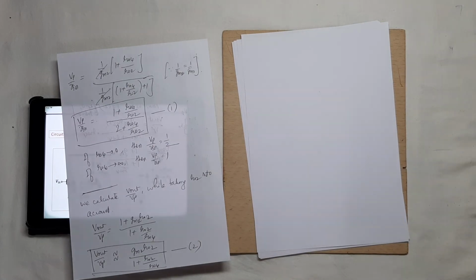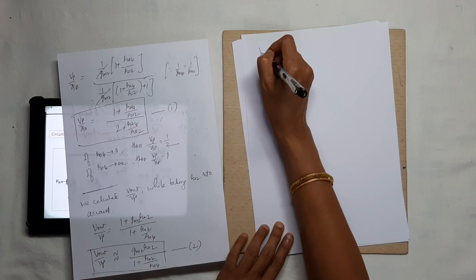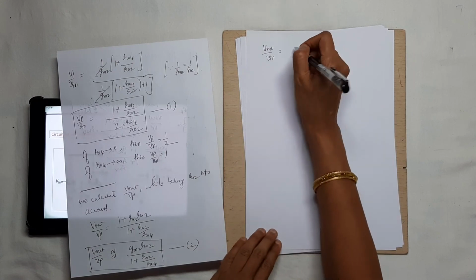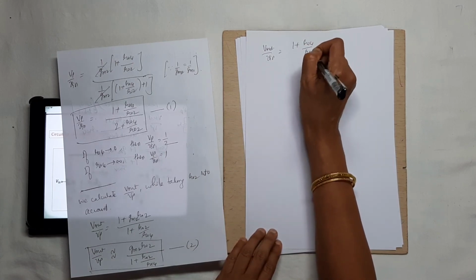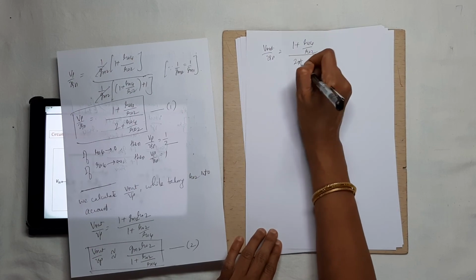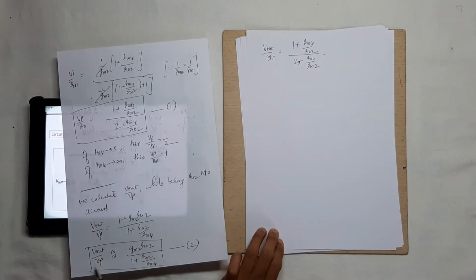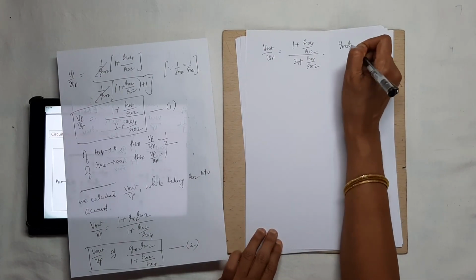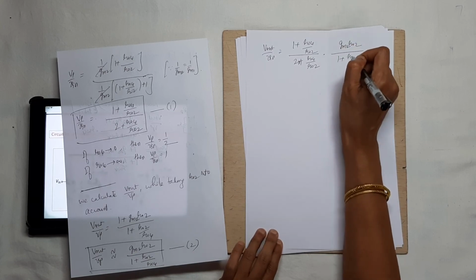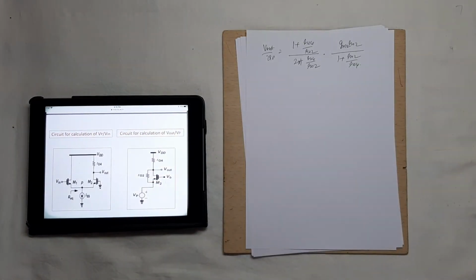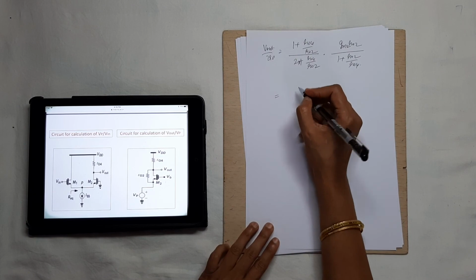Let us try to simplify the expression for V out by Vin. V out by Vin is equal to Vp by Vn, that is (1 plus RO4 by RO2) divided by (2 plus RO4 by RO2), multiplied by V out by Vp, Gm2 RO2 divided by (1 plus RO2 by RO4). Now simplify this expression. It is mathematical simplification.